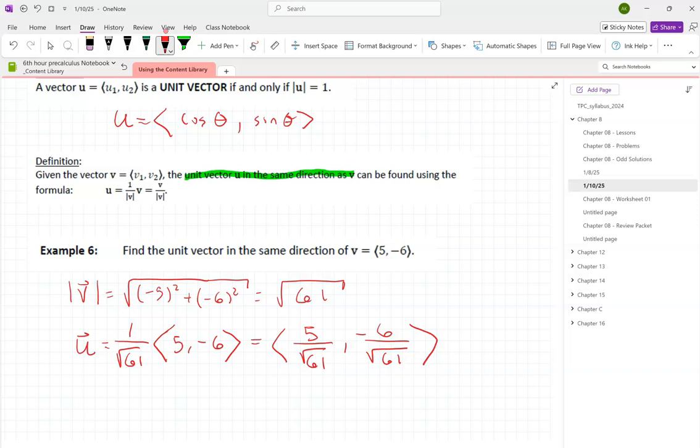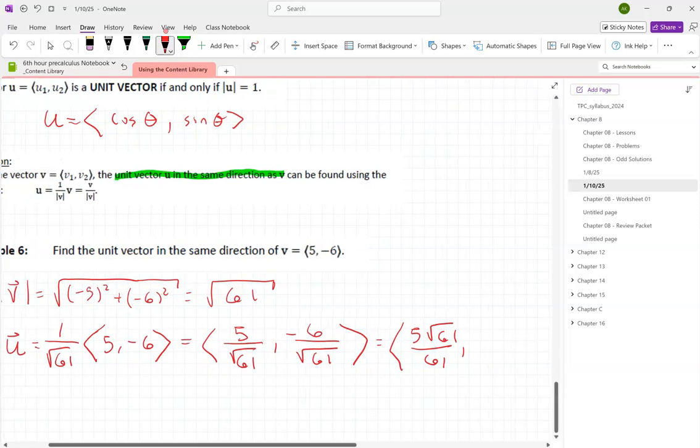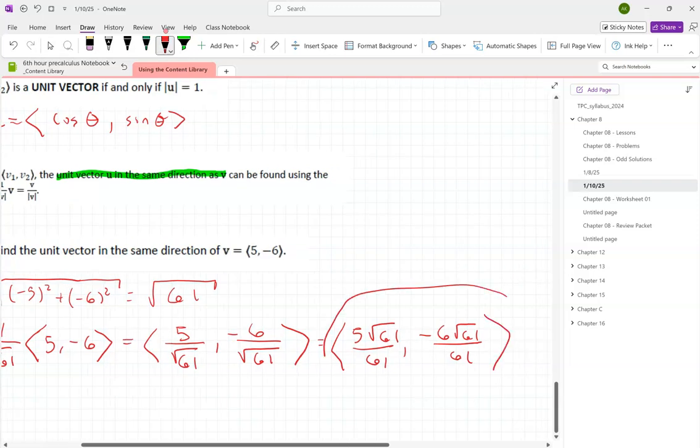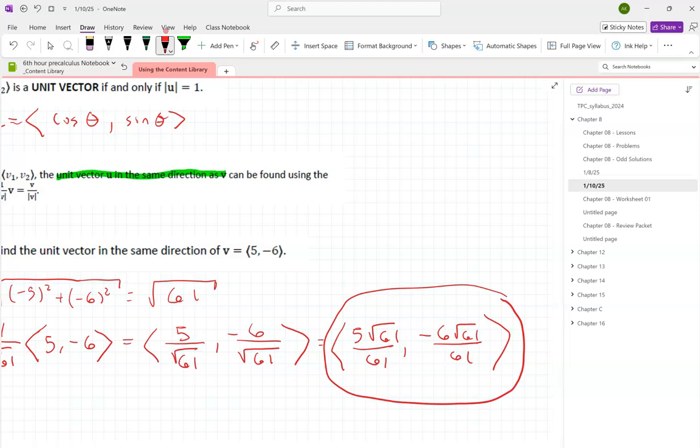Similar when I multiply it by -6. And we probably don't leave our answer like that. What do we not like about this answer? Square root in the denominator. So we'll rationalize those denominators. So that's our answer.